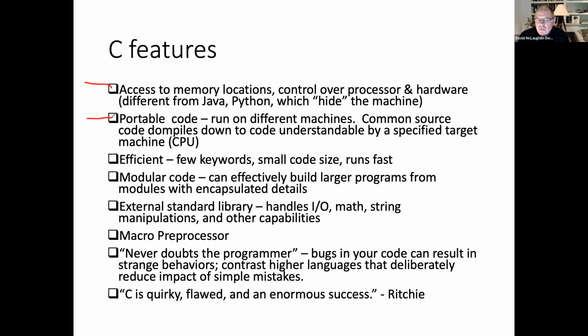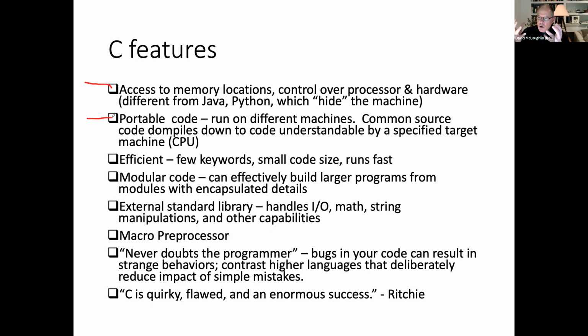Like a lot of software, C code is portable. It can run on different machines. That is, code that you write to run on one processor, like the Atmega 328P processor that we'll be using, can also be written to run on a completely different processor. Now, how does that work?